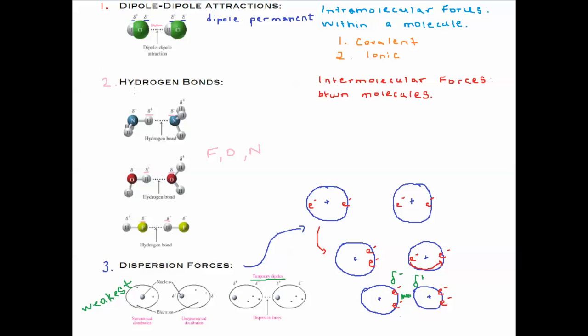If you look at dipole-dipole versus hydrogen bonding, these have permanent dipoles, but dipole-dipole isn't quite as strong as hydrogen bonding. So hydrogen bonding is the strongest, and the reason why, remember, is the difference in electronegativities between hydrogen and nitrogen, hydrogen and oxygen, and fluorine and hydrogen.